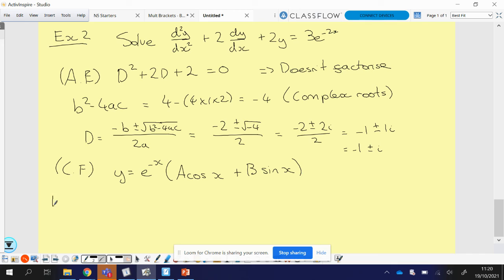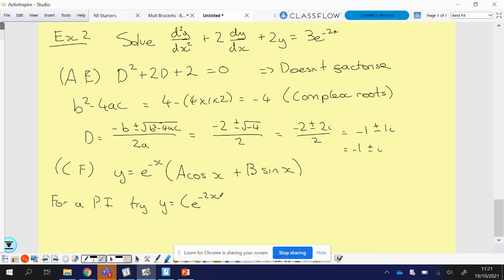So for a particular integral, we will try y equals, so our right-hand side was 3e to the negative 2x, so we'll try c e to the negative 2x.